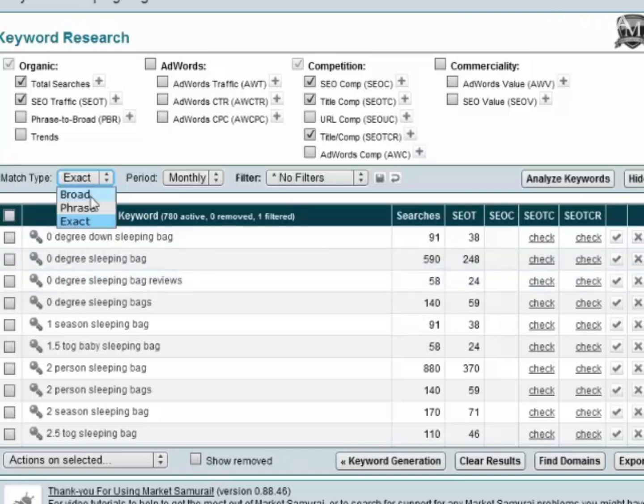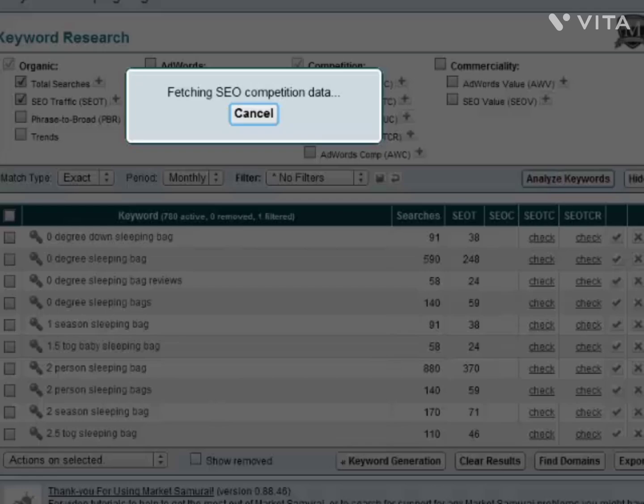Phrase is also a good idea because when we do our link building, and I don't want to jump too far ahead, we're going to be varying the terms we use. So phrase is a good indication too, but I'm going to leave it at exact, and then I'm going to go ahead and hit analyze keywords, and I'll pause that again because it's going to take a little time.